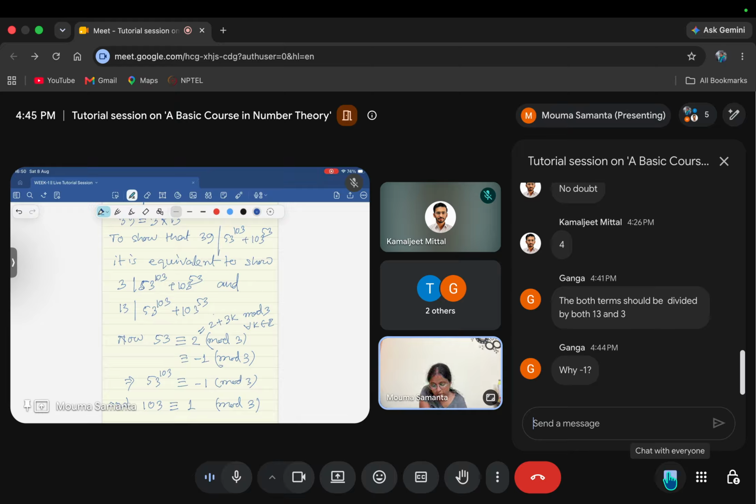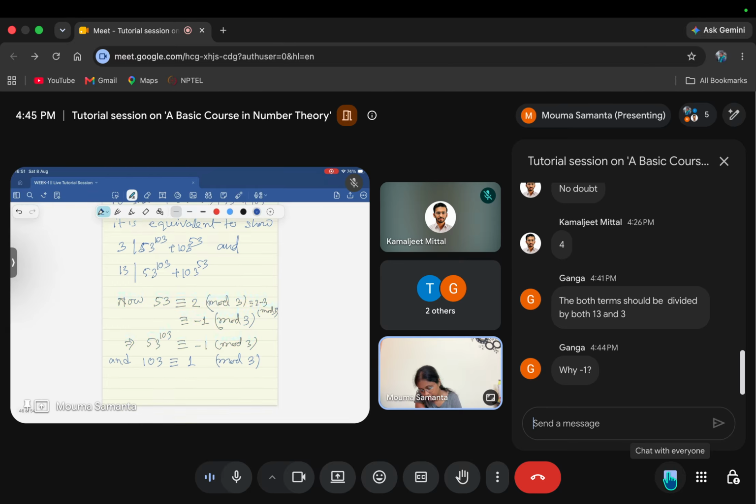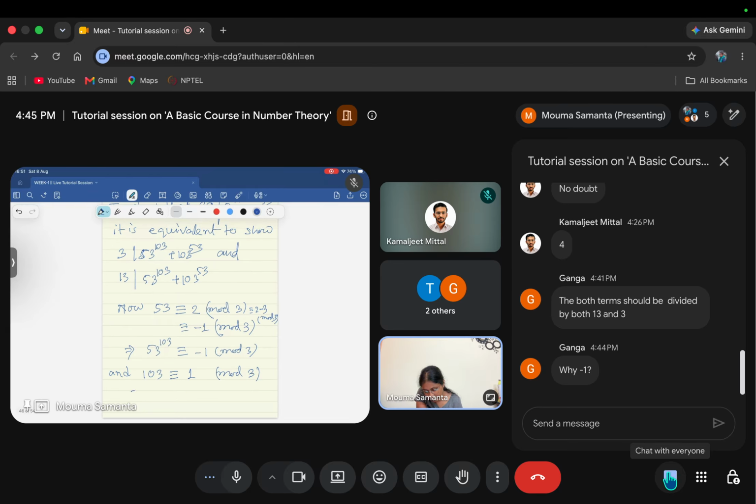So 53 will give us remainder 2, and this is congruent to 2 minus 3 mod 3, and 2 minus 3 is minus 1. Therefore 53 is congruent to minus 1 mod 3, and 103 is congruent to 1 mod 3. That will give us 103 power 53 is also congruent to 1 mod 3.